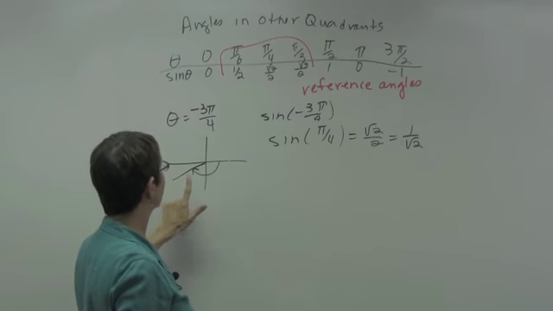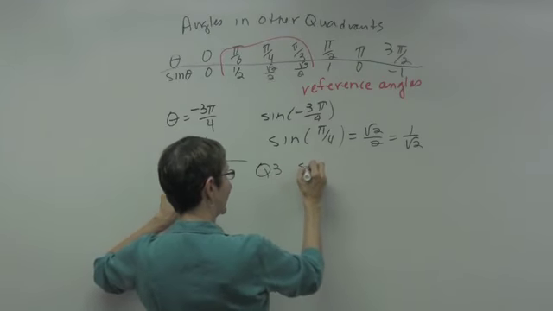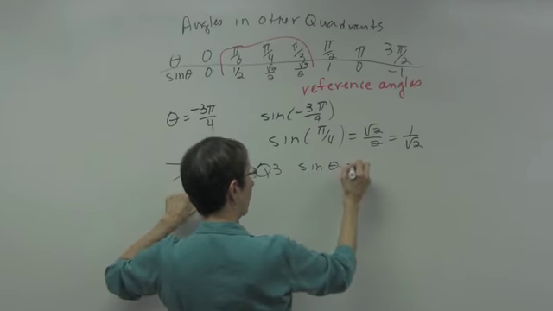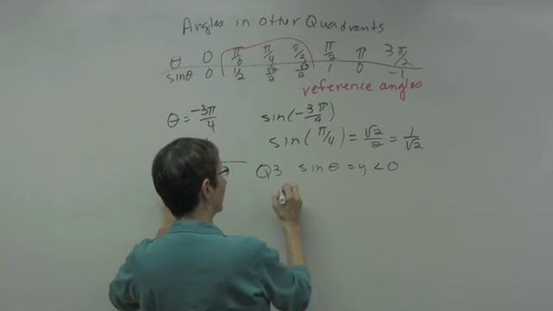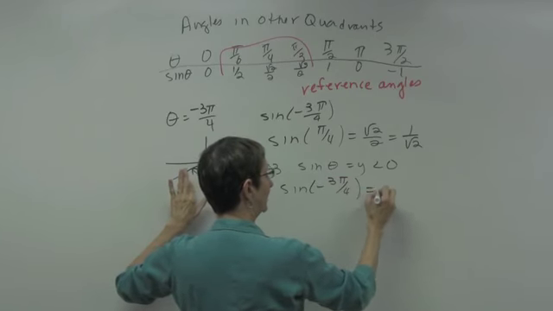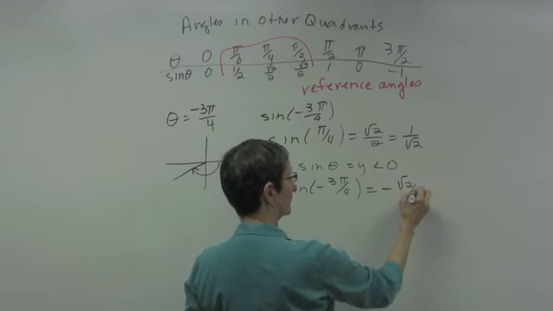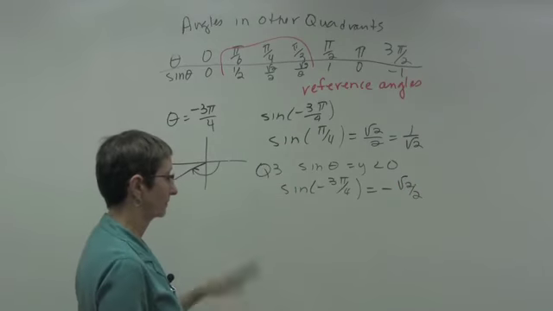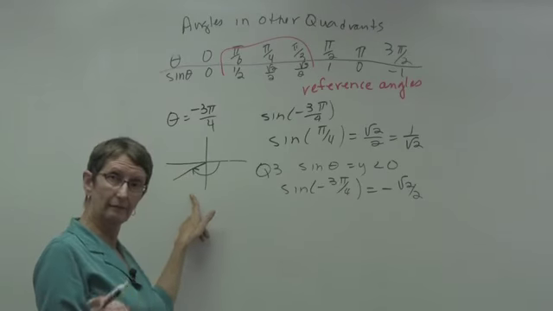In quadrant 3, sine of theta, or y, is negative. So my sine of negative 3 pi over 4 is the negative of whatever the sine of pi over 4 is. Okay. Cosine over here, because of x, would also be negative.